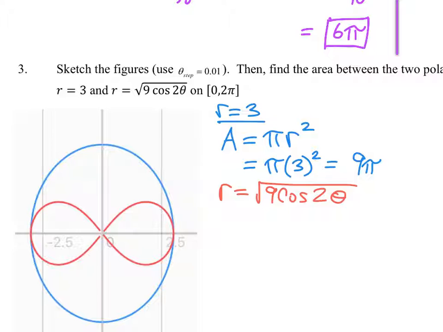Instead of going to 6.28, go to like 6.2 and graph it. It should be just short of complete. All right, so you can see that the circle is just short of being complete, and so is the lemniscate. That's indicating that 2 pi is most likely the perfect fit for one full loop.